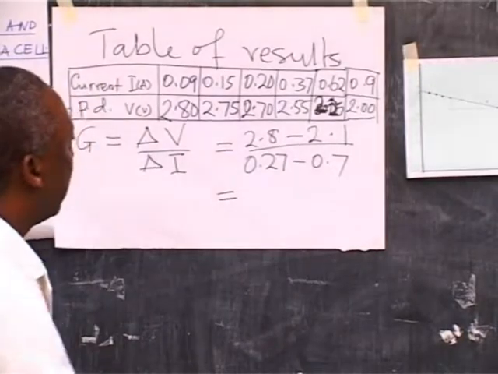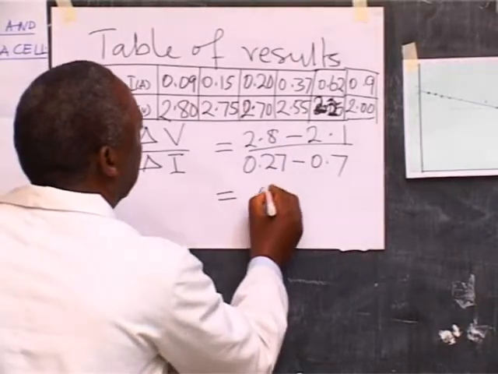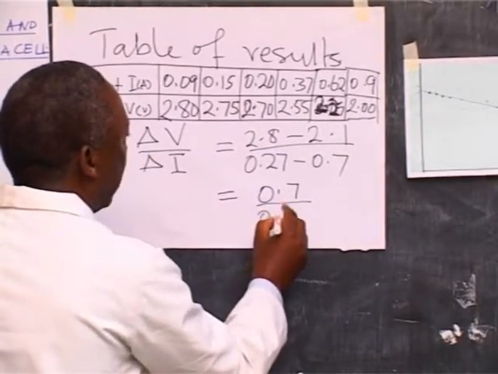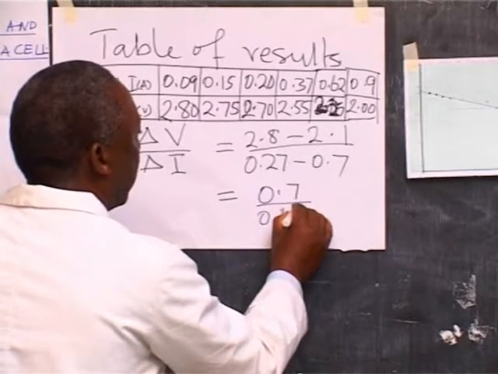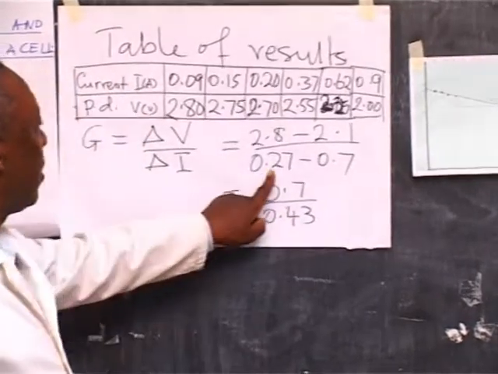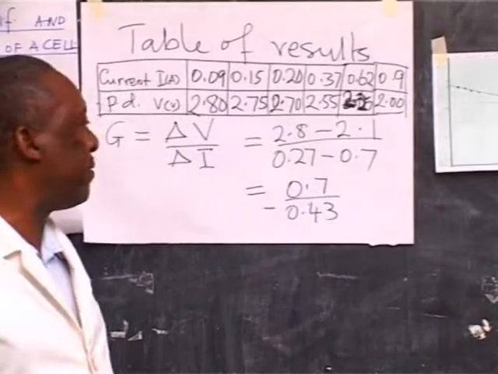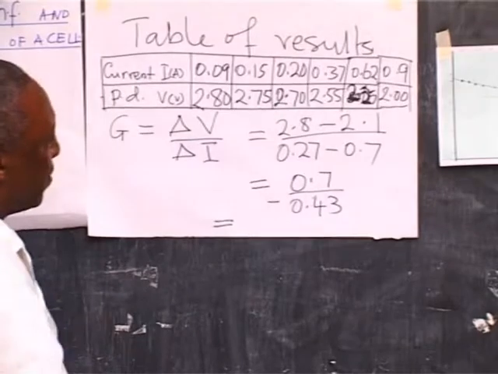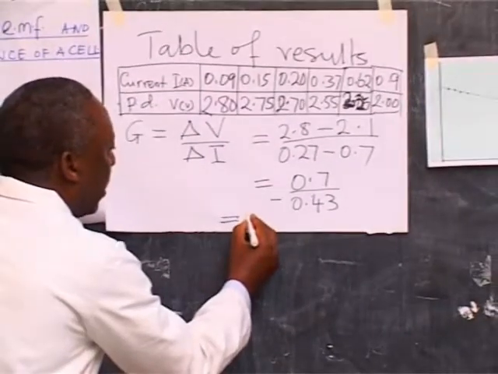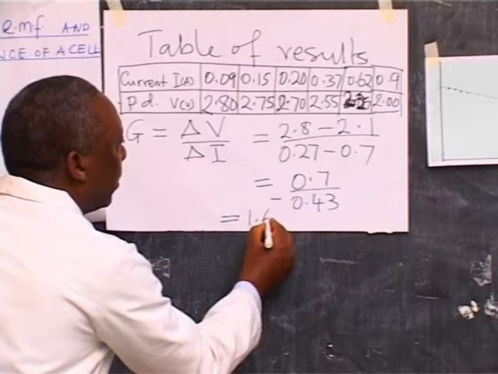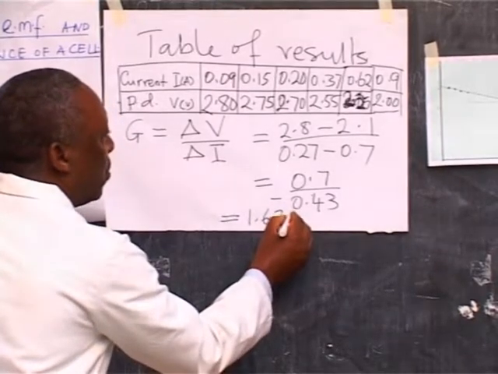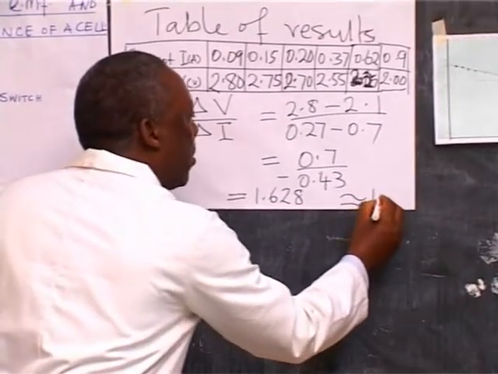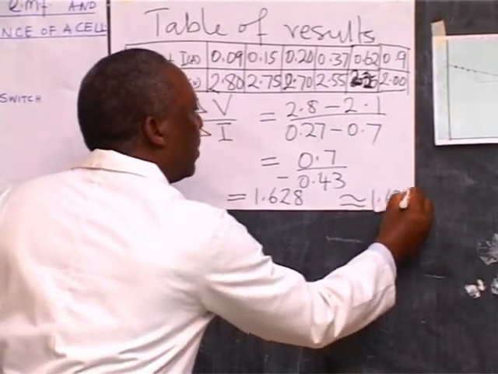This comes to be 0.43, but negative. It is 0.27 minus 0.7. So if you go on with this arithmetic, you will get something like 1.6, approximately 1.63 ohms.